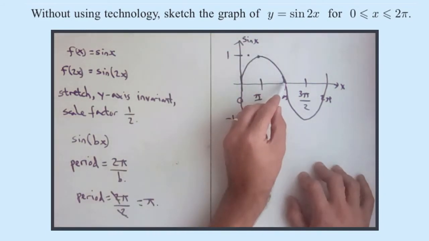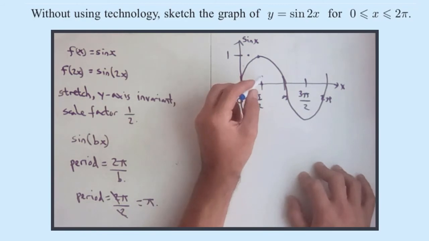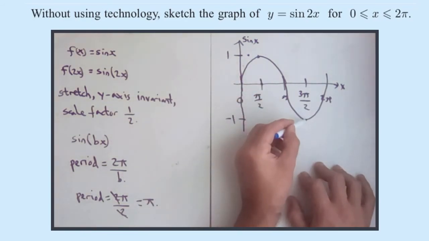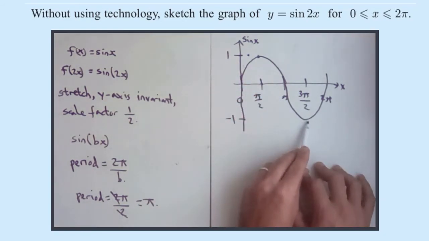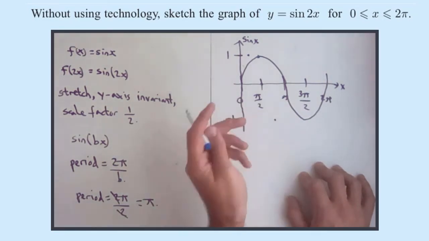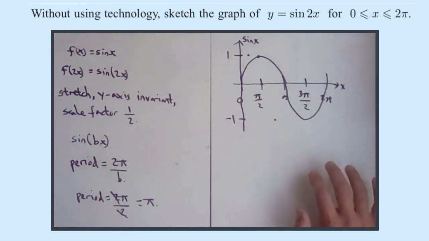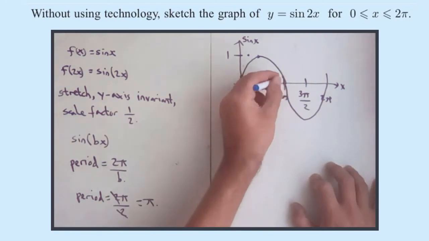We take this point here, that is going to be at pi by 2 instead. If we take this point over here that was at 3 pi by 2, that's going to be half of that, between pi by 2 and pi, just here. Everything gets halved. If we take the point at 2 pi, that's going to go up to pi.